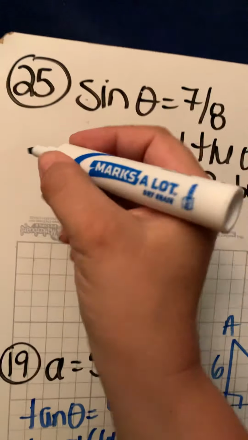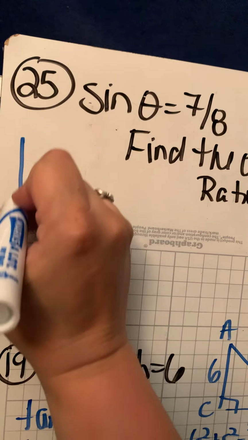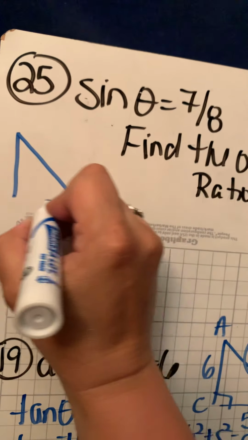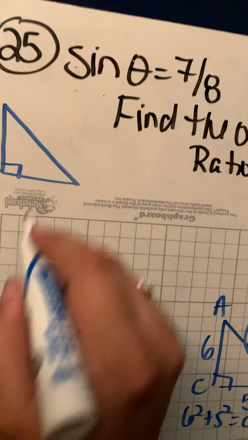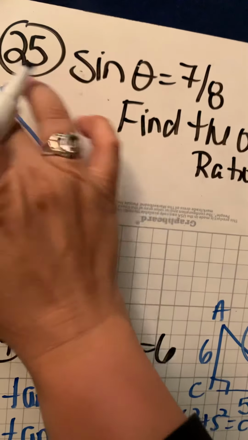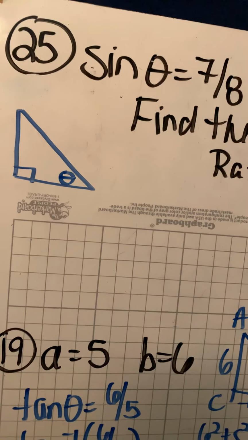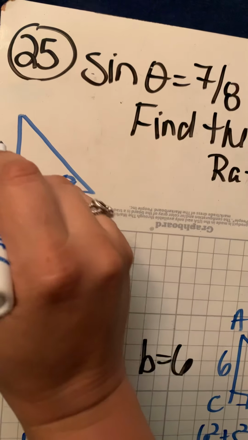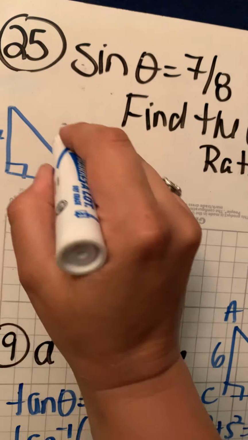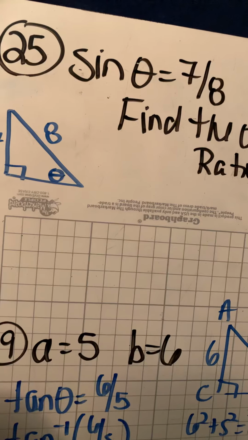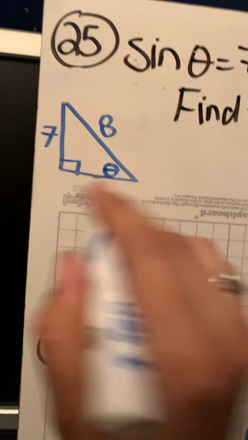Okay, so when you get to this one here, they want you to find the other ratios. So again, I'm going to draw my right triangle. You don't even have to label it. Put your little theta down here. Sine is opposite over hypotenuse. So let's do the Pythagorean theorem to find this missing side.